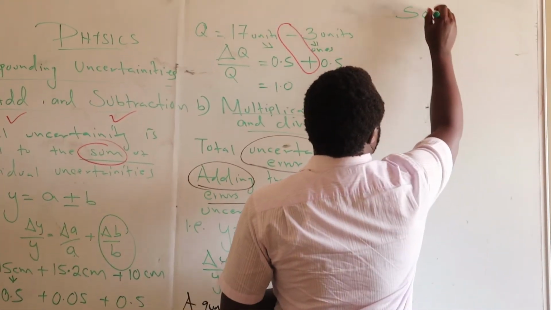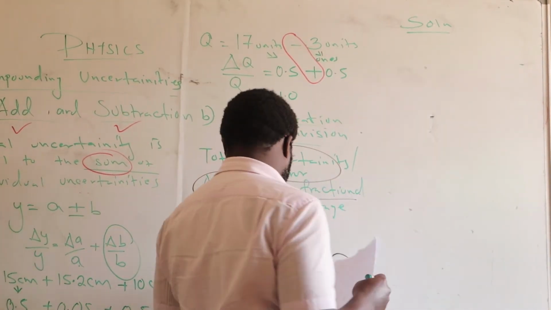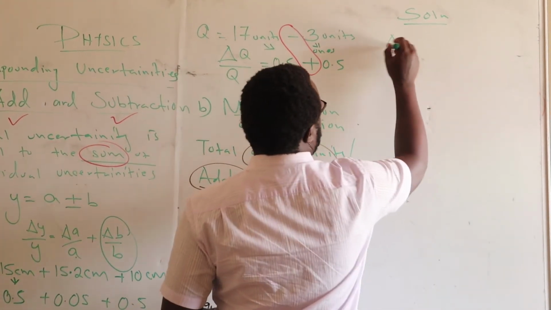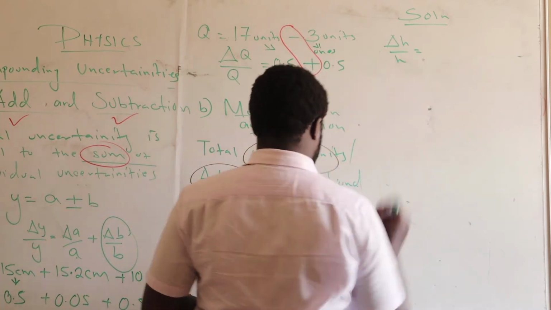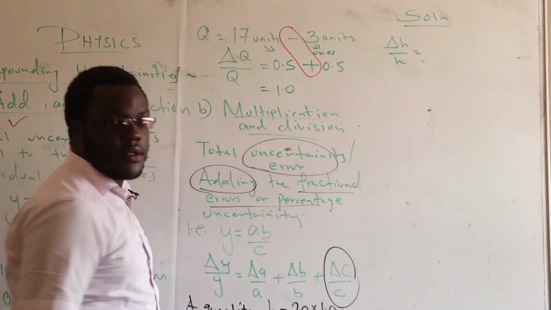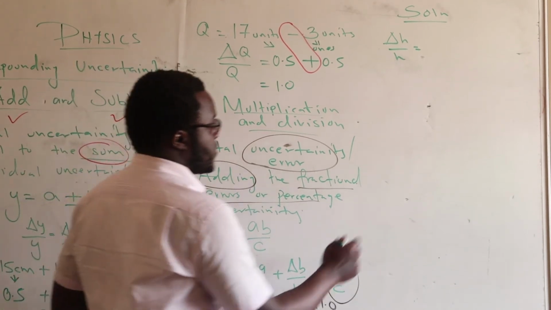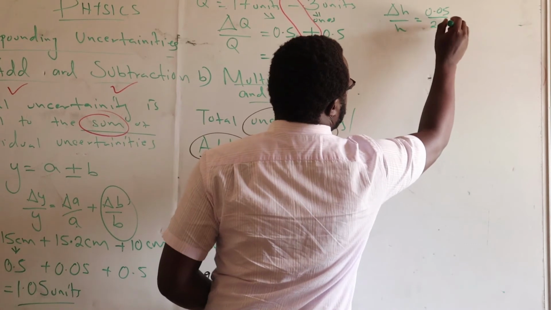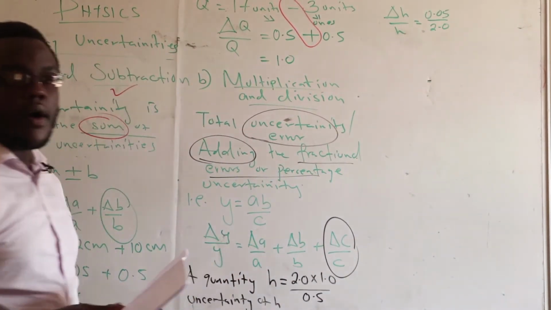Solution: the uncertainty of H is given as the uncertainty of the first part, which equals the absolute 0.05 divided by 2.0.